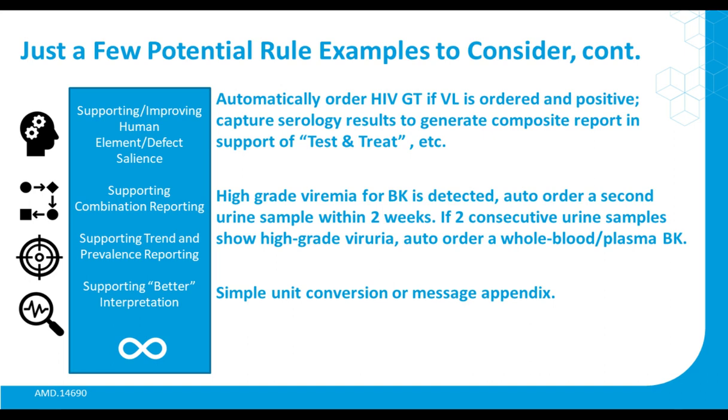Another one is if high-grade viremia for BK virus is detected, auto-order a second urine sample within 2 weeks. And this is following a specific manufacturer's package insert. If the 2 consecutive urine samples show high-grade viral presence, auto-order what is considered to be the next appropriate sample, which is a whole blood or plasma sample, not a urine.